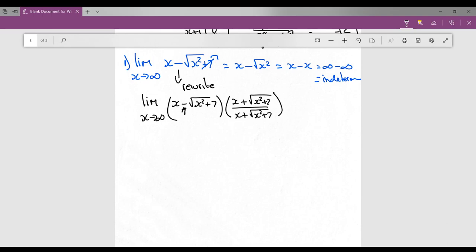The reason we do that is because we create a difference of squares. So when we create a difference of squares, the top becomes x squared minus all this stuff, x squared plus 7, over x plus the root of x squared plus 7. Top simplifies to negative 7 over x plus the root of x squared plus 7.